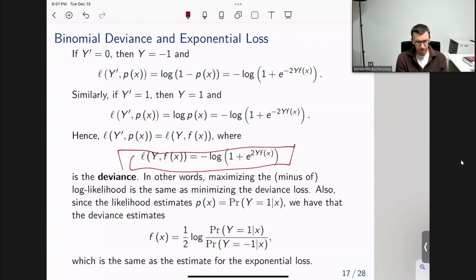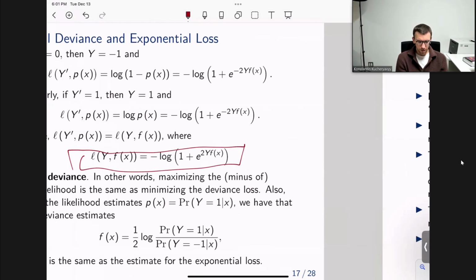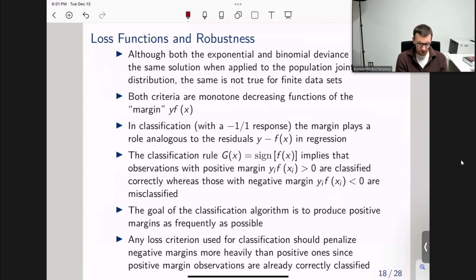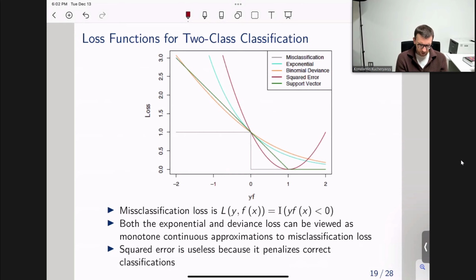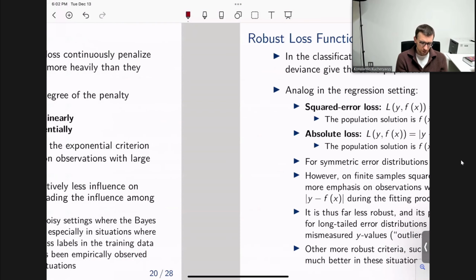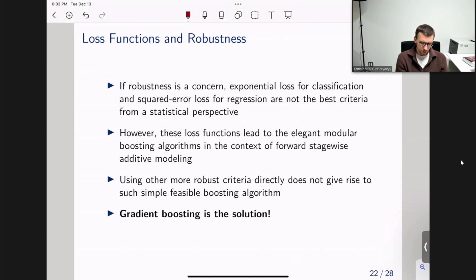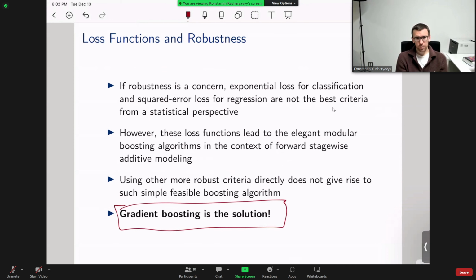You can check the slides or the book. Again, the book is available for free on the internet from the authors. So you can check the slides if you want to understand more. For me, what's more important here is that I want to show now how gradient boosting works as an improvement on the idea of stage-wise modeling. Let me pause here and see if you have any questions about what I've just discussed.